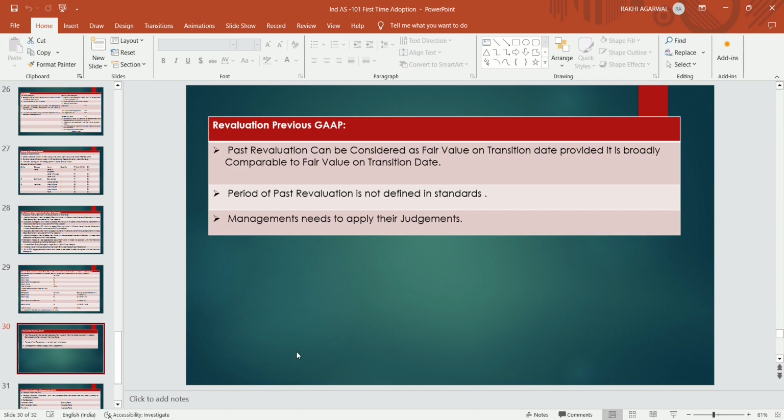Now revaluation as previous GAAP. Past revaluation can be considered as fair value on the transition date, provided it is broadly comparable to the fair value on the transition date. The period of past revaluation is not defined in the standard. Management needs to apply their judgment.